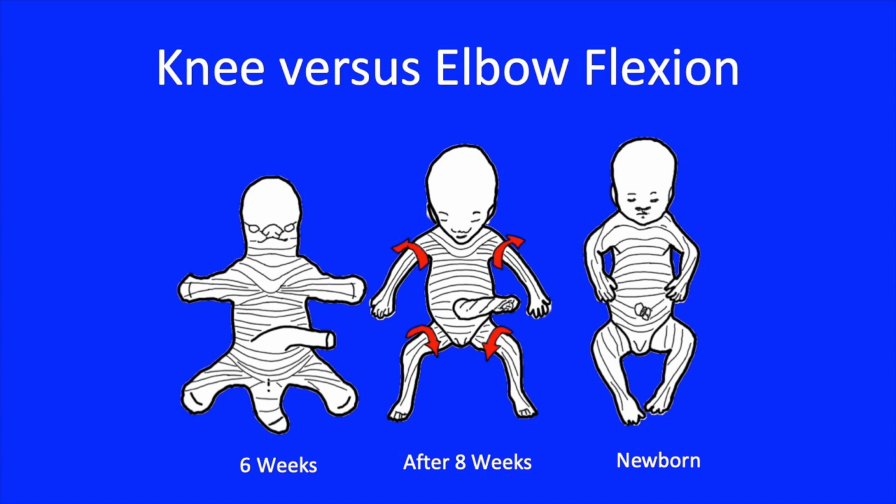Thus, the anterior part of the lower limb in the newborn now represents the posterior aspect of the developing limb bud, and when the knee flexes, it reproduces the same action as in the developing limb bud, exactly what is happening in the elbow.